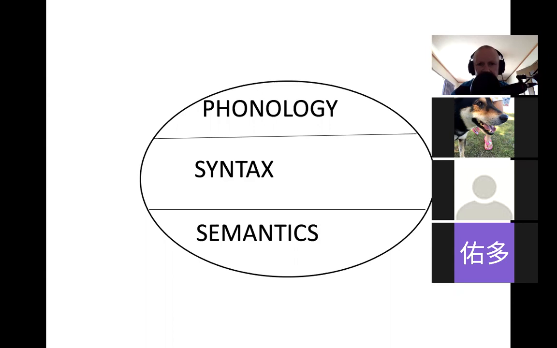And phonology is more scientific, theoretical. It looks at language systems and compares them, say the phonology of Japanese and the phonology of English. And then syntax is just grammar, and semantics is meaning.